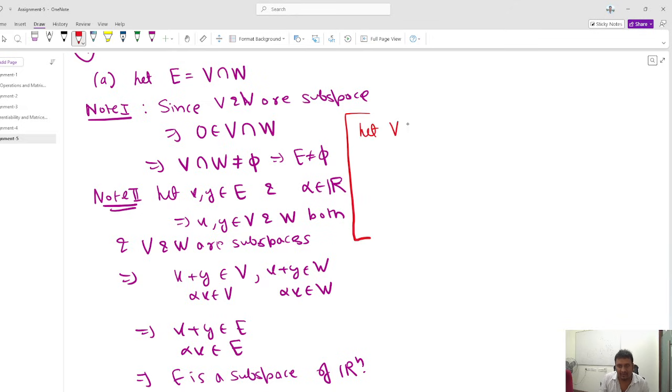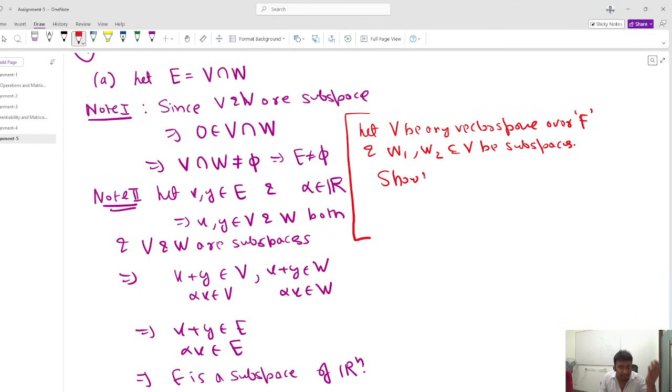Let V be any vector space over some field F, and W1, W2 contained in V be subspaces. Take any two subspaces. Show, with exactly the same proof, that W1 intersection W2 is a subspace. Okay?